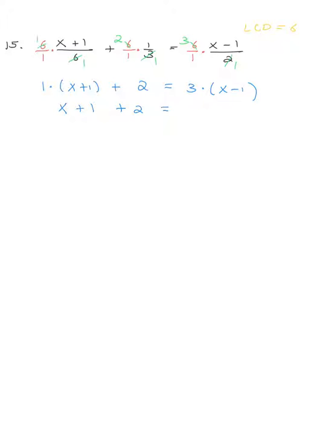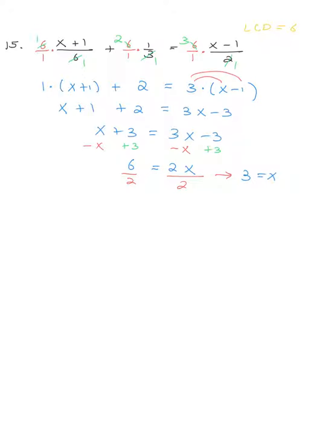I still have this plus 2, and if I distribute the 3, I get 3x minus 3. So this is x plus 3 is equal to 3x minus 3. I suppose I'll subtract x from both sides, yet at the same time, add 3 to both sides. This gives me 6 is equal to 2x. If I divide both sides by 2, this gives me my answer of 3 is equal to x.